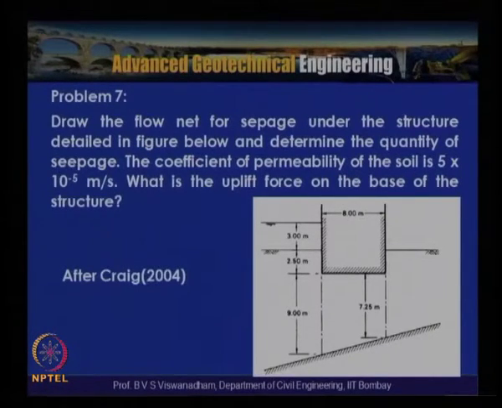The coefficient of permeability of the soil is 5 into 10 to the power of minus 5 meter per second. This is the soil portion, and this is an impervious zone which is not horizontal but has a certain inclination, with the configuration given here. The depth at one end is 7.25 meters, and here it is 9 meters.